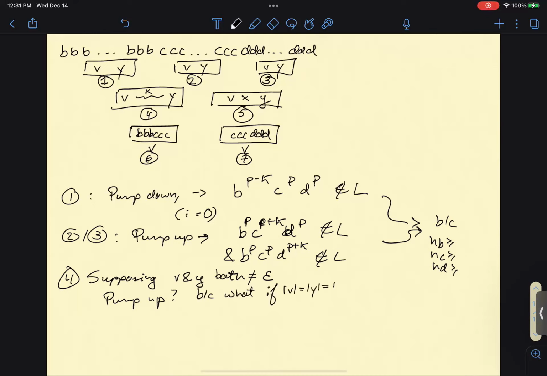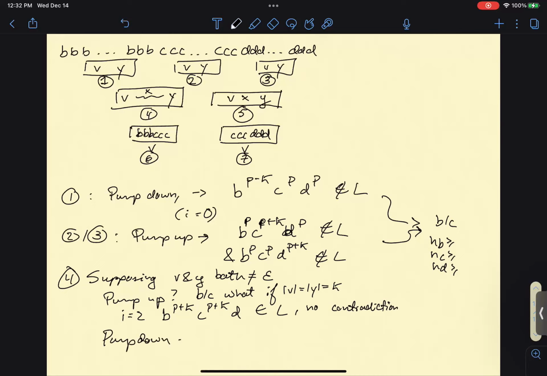Suppose it was K. Then if you pumped up, let's say i equal to 2, then you have B^(P+K), and then C^(P+K), and then D^P. And this is still in L. No contradiction there. So in this case, you also must pump down.